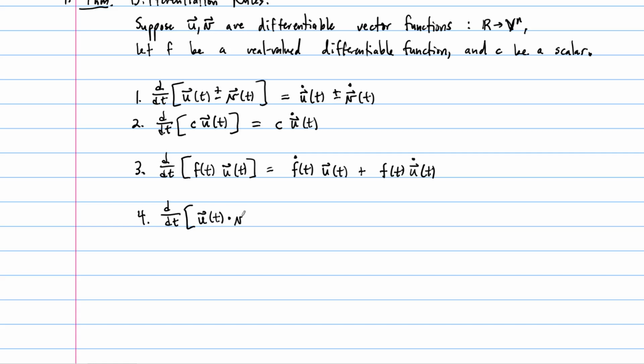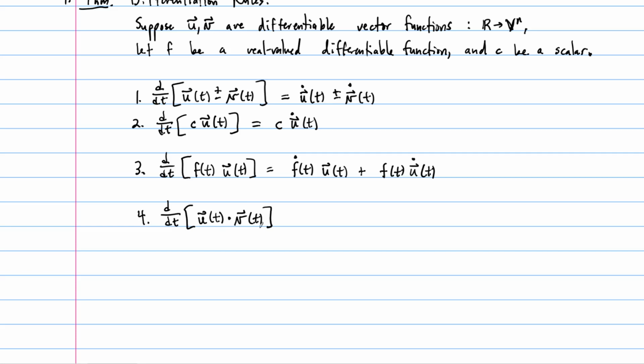This one says that the derivative of u of t dotted with the second vector function v of t. We've got our second vector function. This is one way to multiply vector functions together, right? A vector function times another. As long as they have the same dimension, then we can take their dot product, right? And this then becomes a regular Calc 1 function after you've taken the dot product.